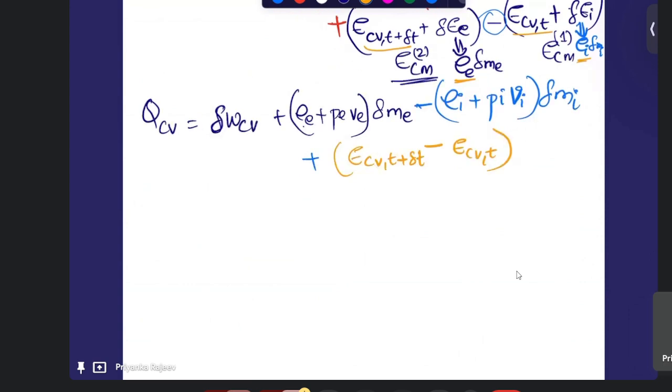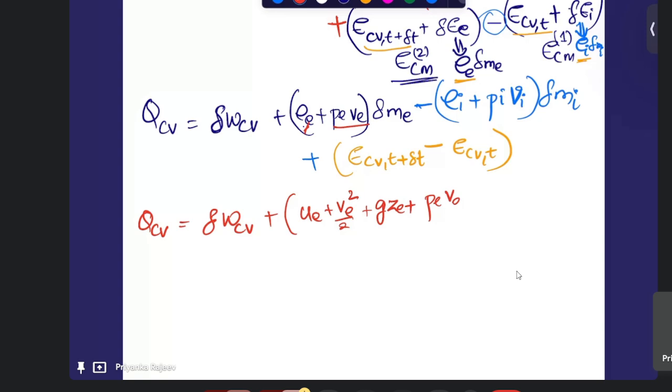When I'm expanding, I'll be getting QCV equal to delta WCV plus EE expanded: EE equal to UE plus VE square by 2 plus GZE, plus this term PE VE times delta ME.